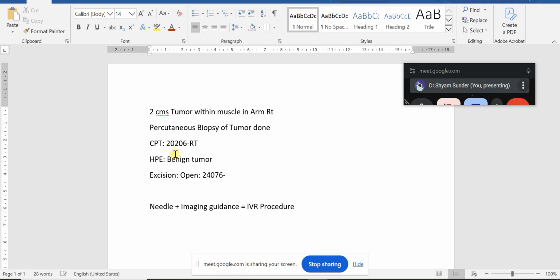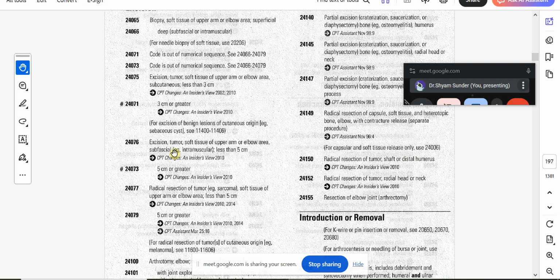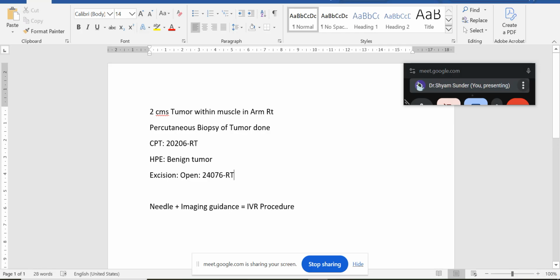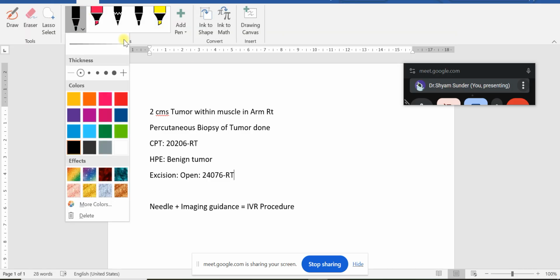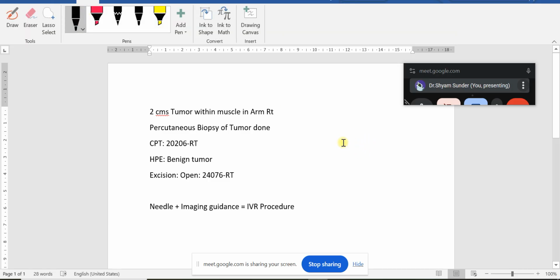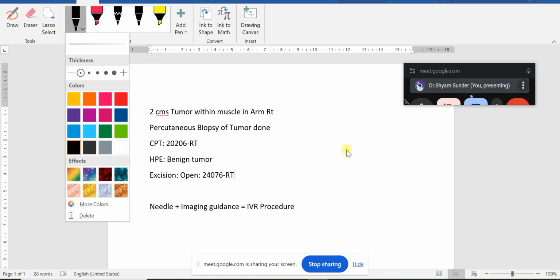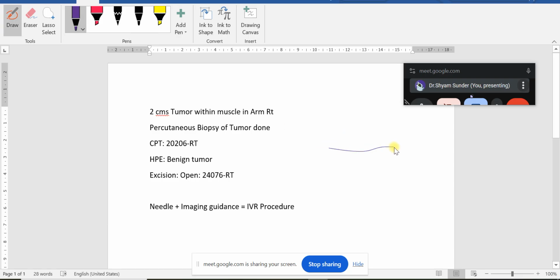Sir, what is the difference between subcutaneous and subfascial? Because subcutaneous is the third layer of the skin. So for example, the skin, we know we have two layers, epidermis and dermis.